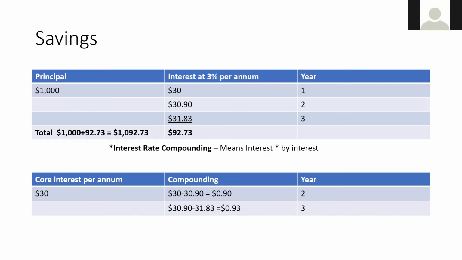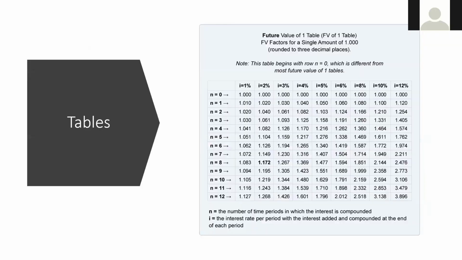Right. All right, now I'm going to show you an easy way of doing it using a table. Okay, so let me show you how you use this table. First you need the percentage. What was the percentage, Devereen?